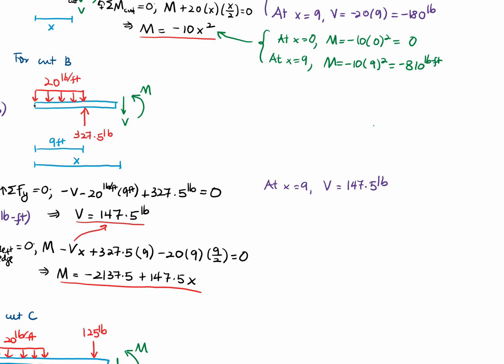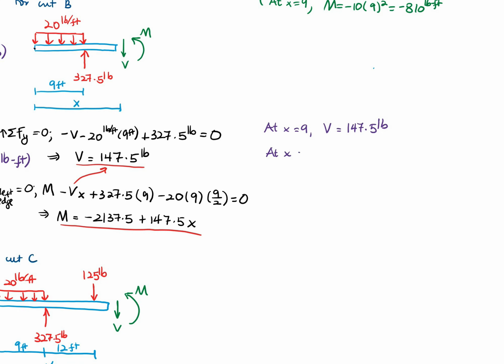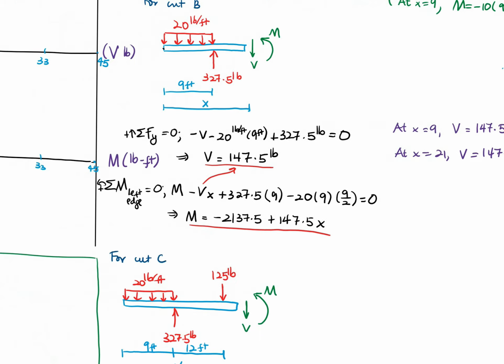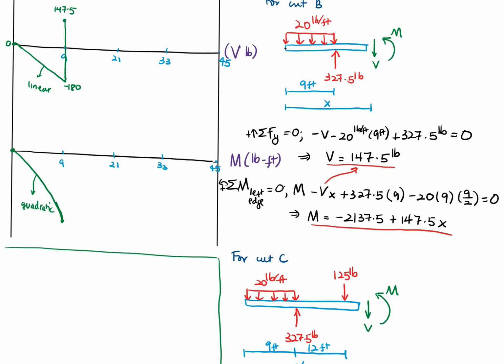Alright, so back here at x equals 21, since this is not an equation, we still have V equals 147.5 pounds. So we are staying consistent until we get to the next point, which is nice. We're going to go back here, and that's 147.5 pounds.